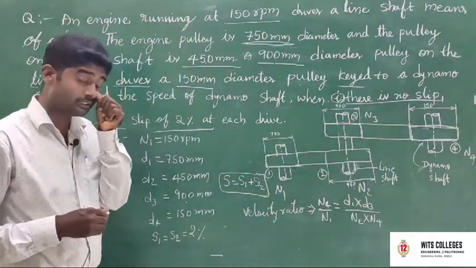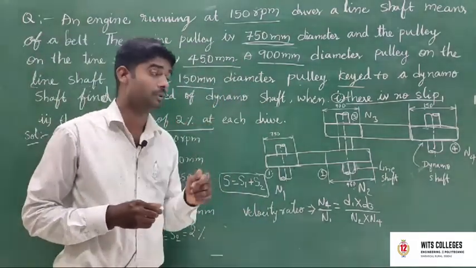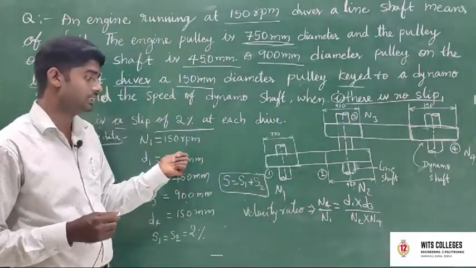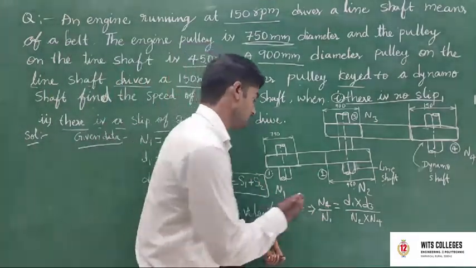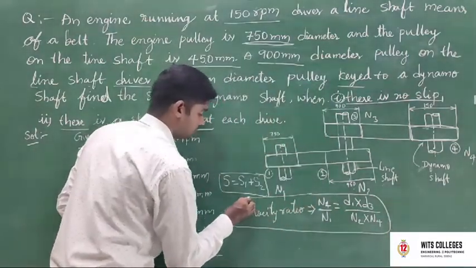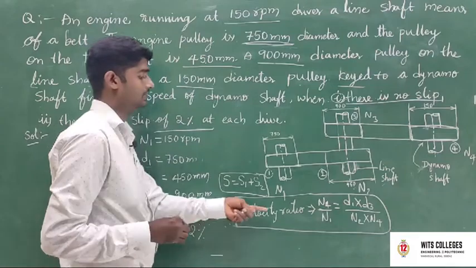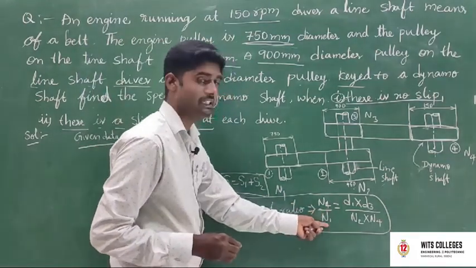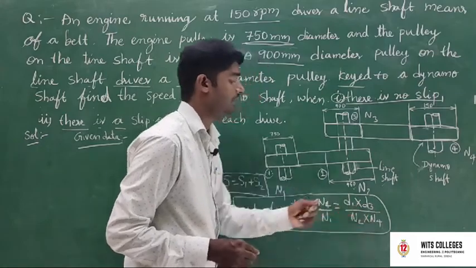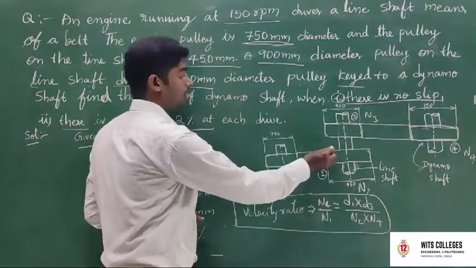In this equation, consider first no slip, and then consider the slip percentage as another case. Mark and highlight this: velocity ratio is N4 by N1 is equal to D1 into D3 by D2 into D4. This is for a compound belt drive.